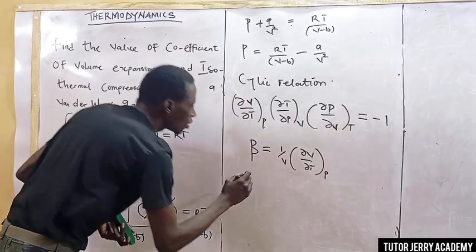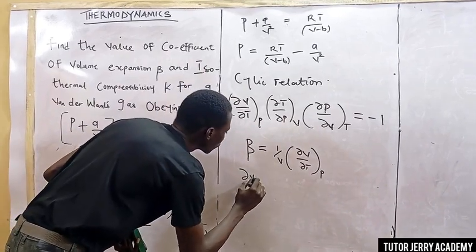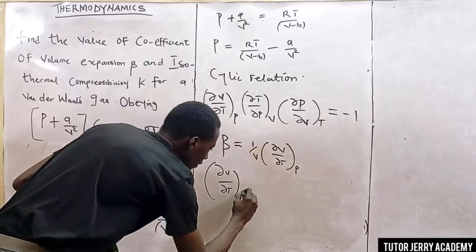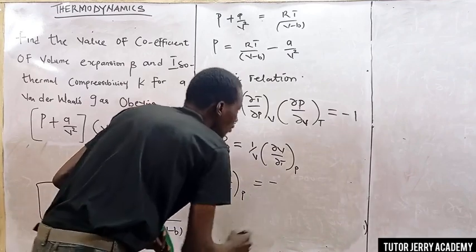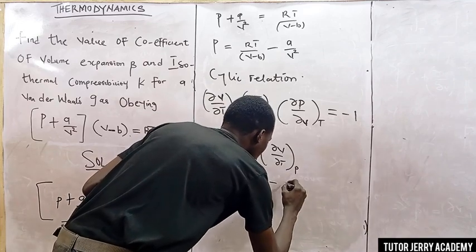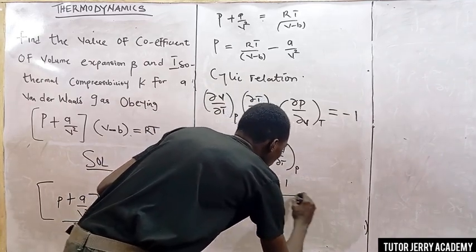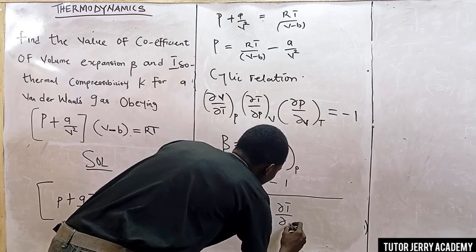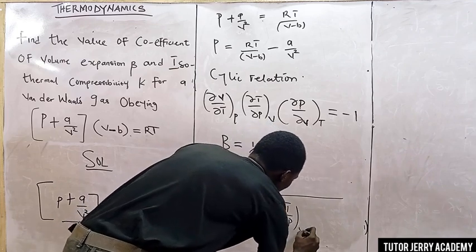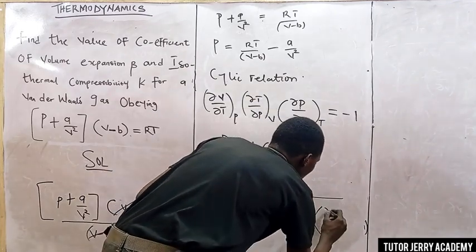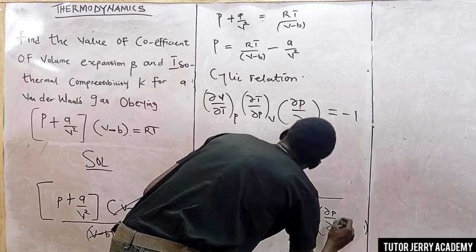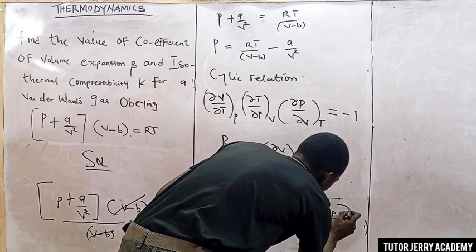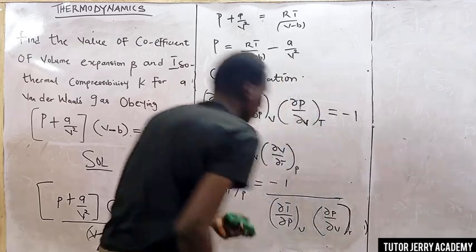If we do that, we have the partial of V over T, keeping P constant, equal to minus 1, over the partial of T over P, keeping V constant, times the partial of P over V, keeping T constant. So this is what we have.